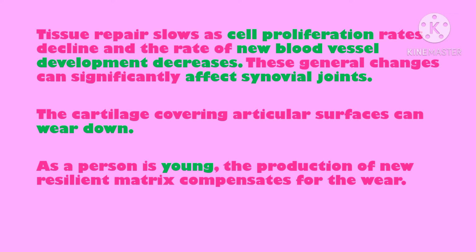In a joint, hyaline cartilage is referred to as articular cartilage. This is because the cartilage covers the bone surfaces where they articulate or meet to form the joint. When a person is young, the production of new resilient matrix compensates for the wear.